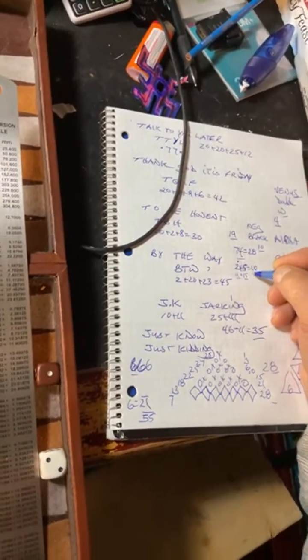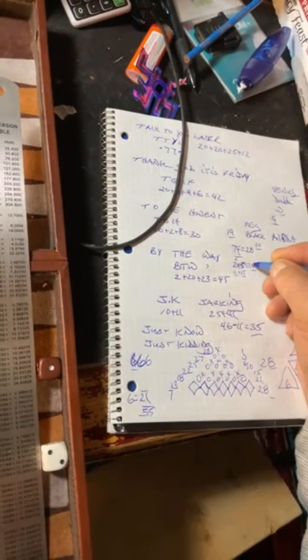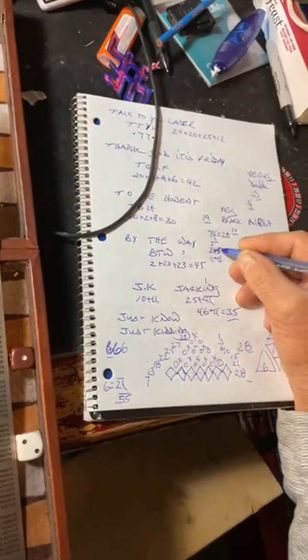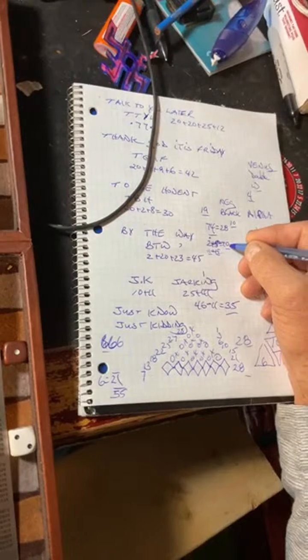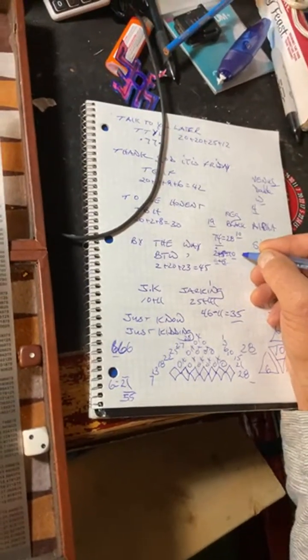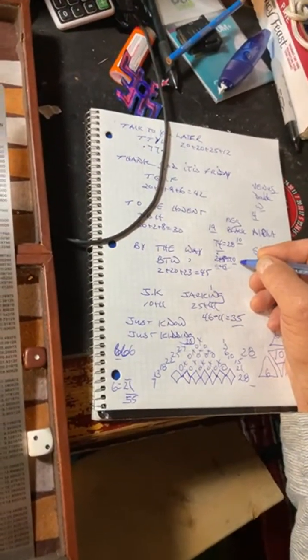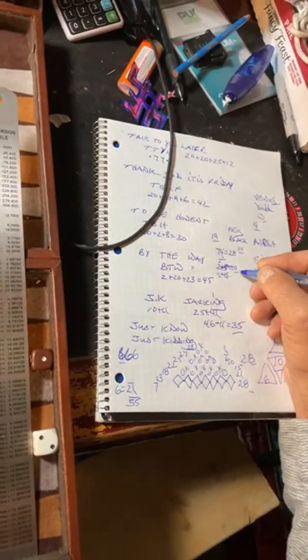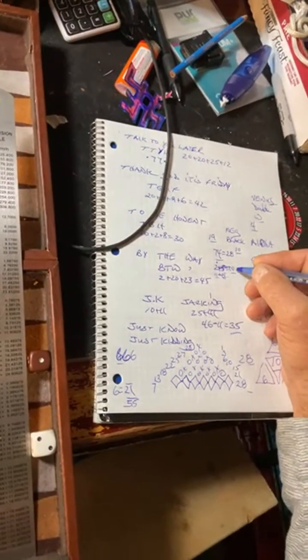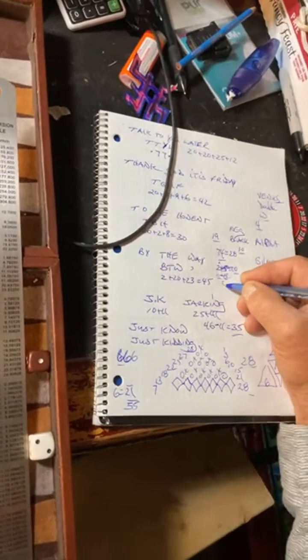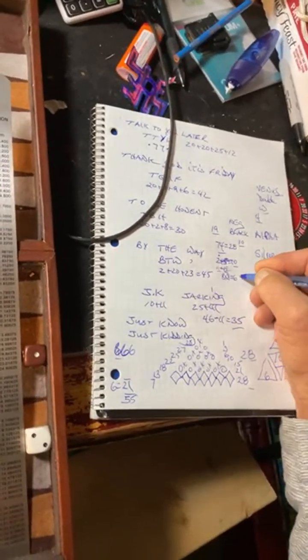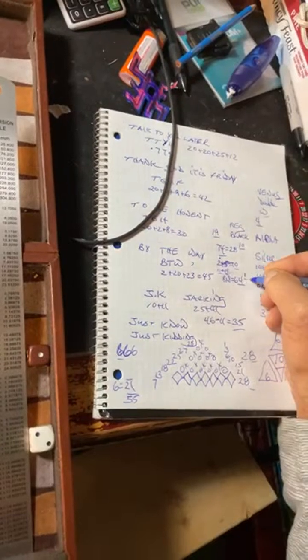Sorry, that would have to be 23. Let's not look at that one. So 2 times 5 is 10. 1 plus 0 equals 1. I'm just trying to think. 8 times 1, 2, 3, 4, 5, 8 times 6, 8 times 7, 8 times 8. Yes, so 8 times 8 equals 64, and that's going to equal a 1.